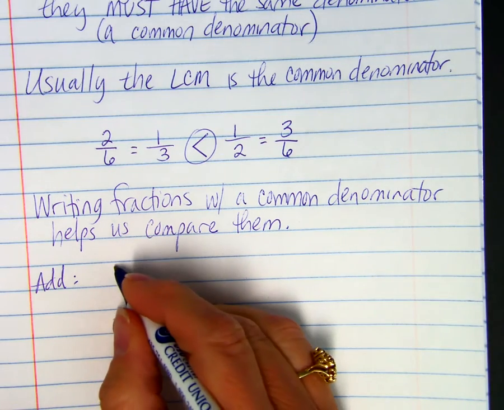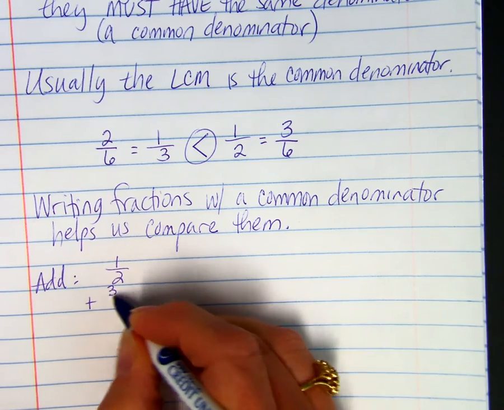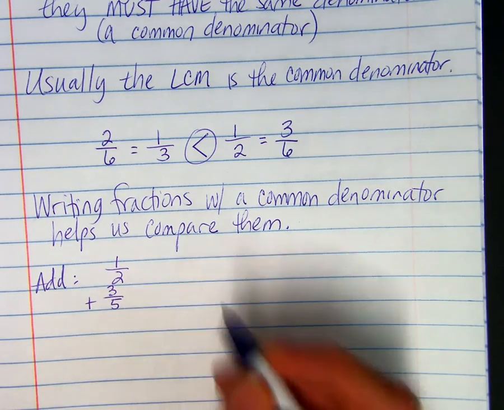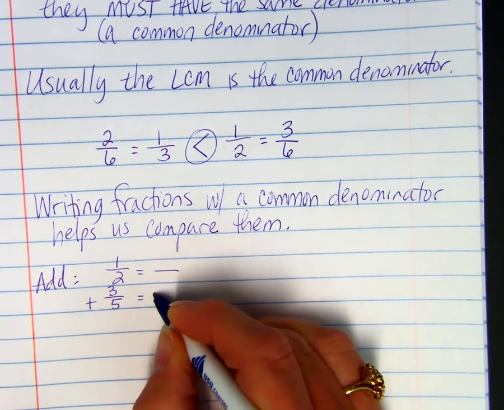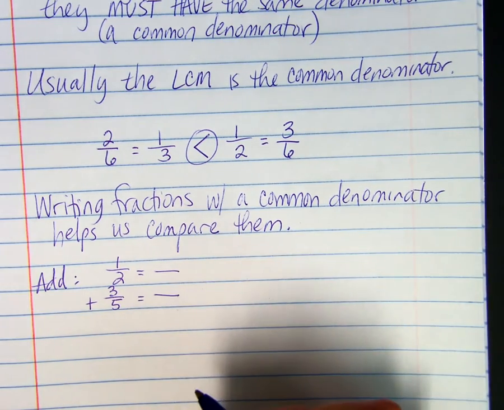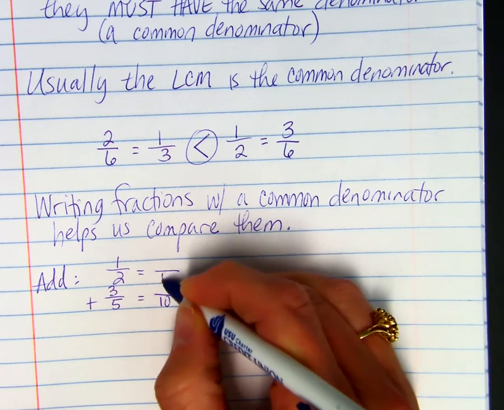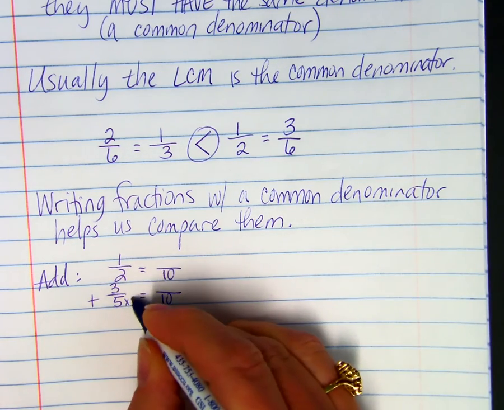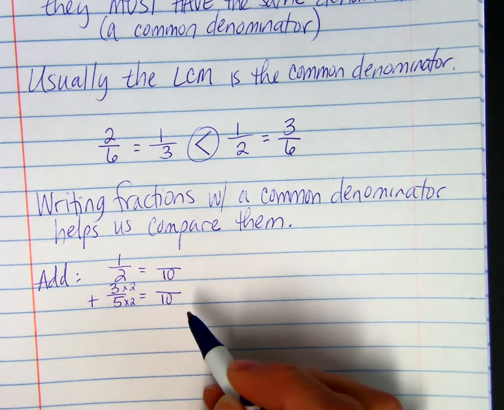So if we wanted to add 1/2 and 3/5, we need to get a common denominator. So if we count by fives, 5, 10, 15, 20, 2 goes into 10, so we can use 10. 5 times 2 is 10, so we have to do 3 times 2 to get the new numerator.